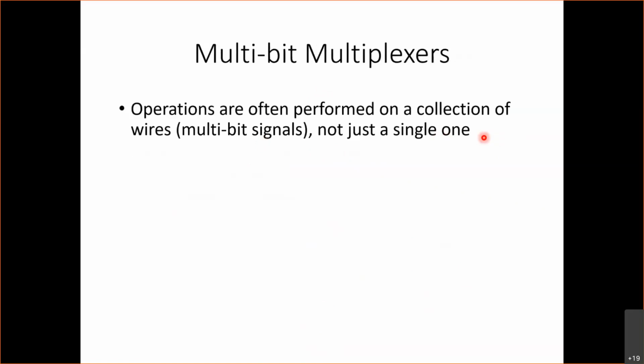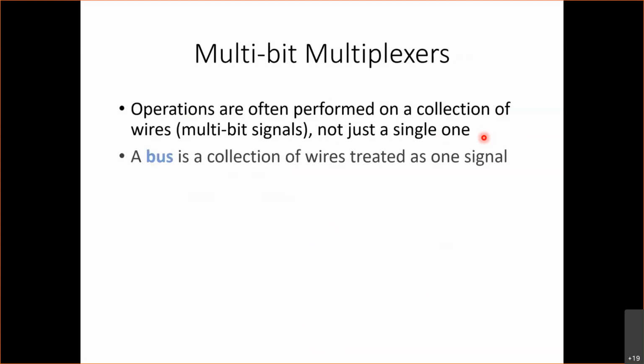To do that, I will need a multiplexer for each one of these bits. But those multiplexers are all going to have the same selector signal, just different input signals. And rather than drawing 32 different multiplexers in my circuit, we have a shorthand way of drawing this.